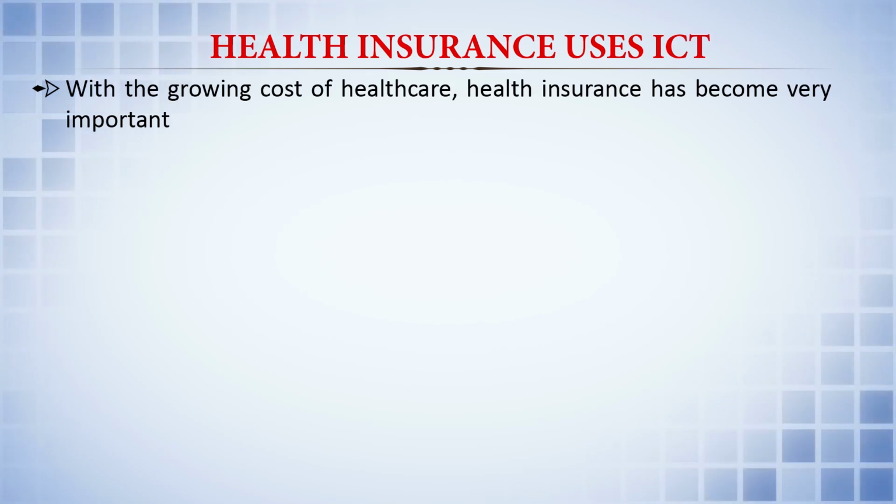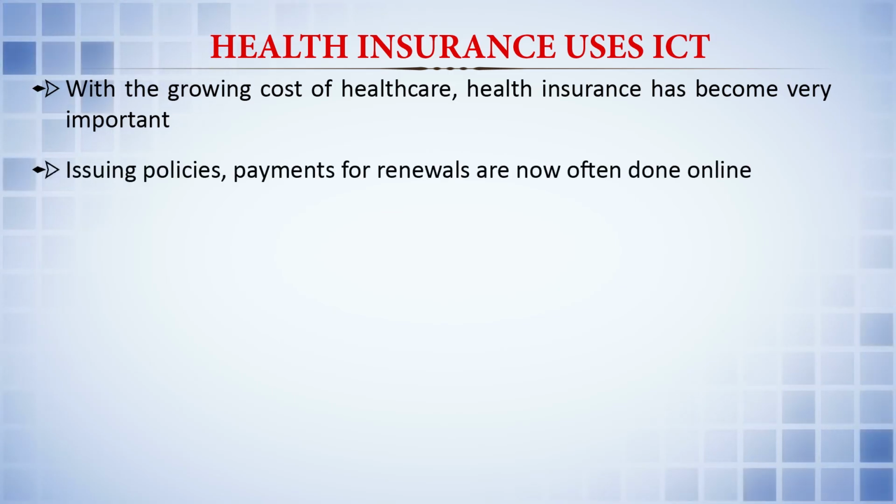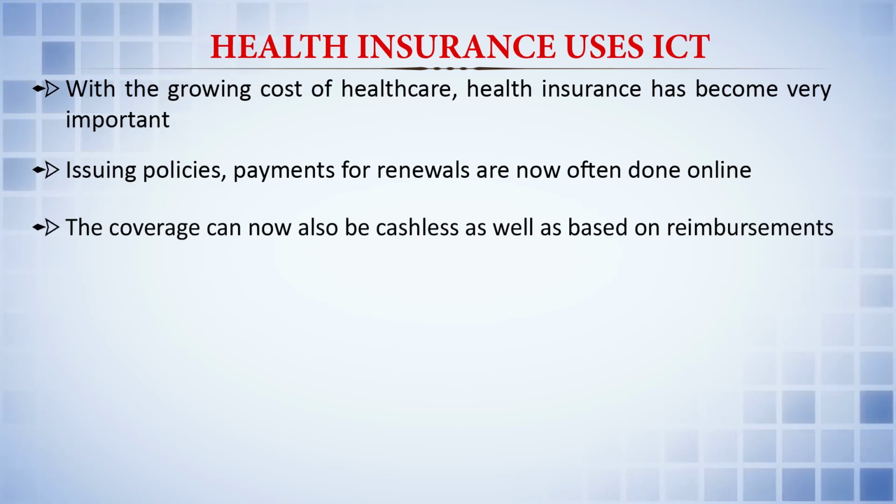So most of us go for health insurance. The issuing of policies, payments, and renewals are often now done online by these health insurance providers. The coverage can be cashless as well as based on reimbursement.